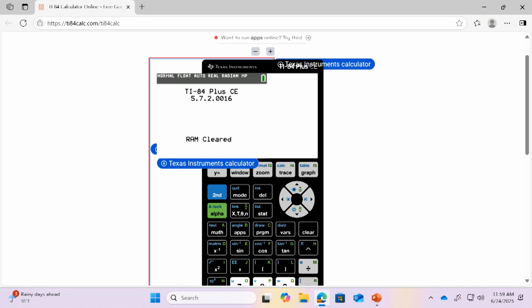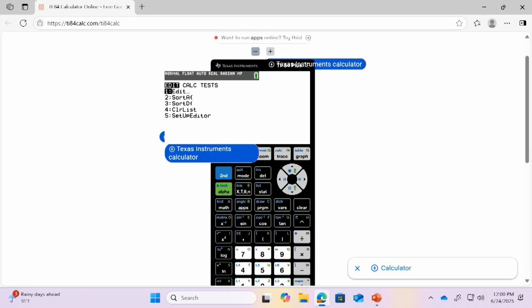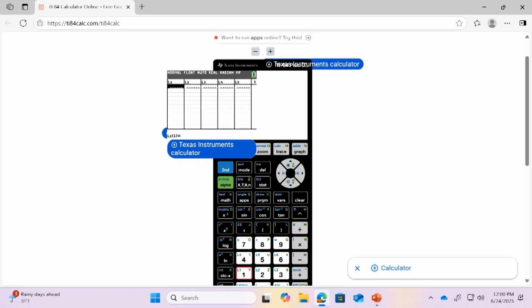So the first thing that we're going to do to plug these into our calculators is we're going to put them in the tables. So for us to put a table in, we're going to go to Stat. We are going to go to number 1, which is Edit. Now remember, my L1 is my x values, my L2 is my y values.